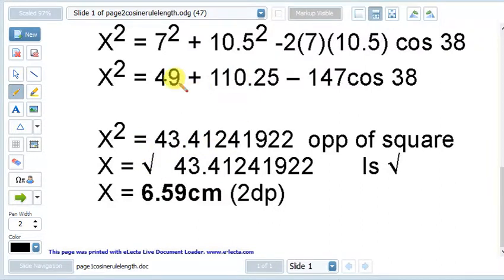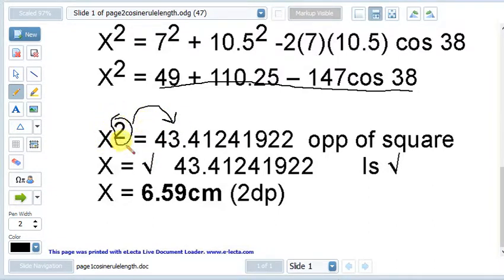So once we've simplified all of this, we've got x squared equals 43.4124192. What we've got to do now is get the x by itself, and again, very much like Pythagoras, we've got to bring over the squared to the other side.